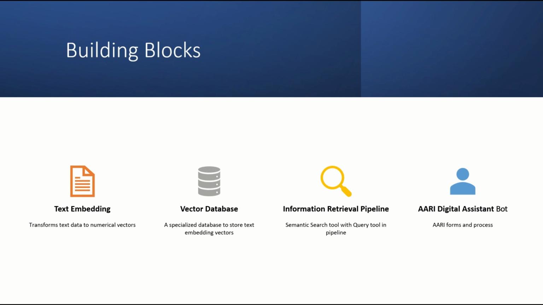The next one is our vector database. This is a specialized database designed to store text embedding vectors. It enables the retrieval of semantically similar text. Think of it as a treasure trove of your knowledge waiting to be accessed. And GenAI.net provides an out-of-the-box vector database implementation that can be serialized into a file, a VDB file.